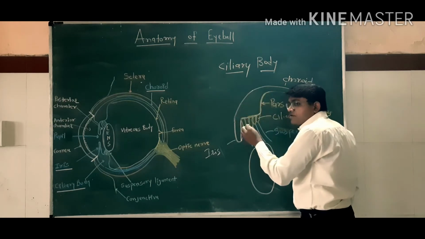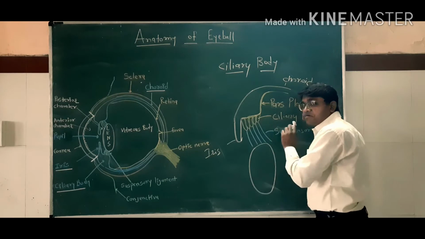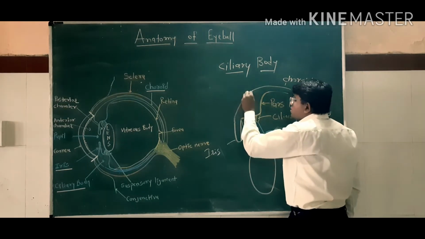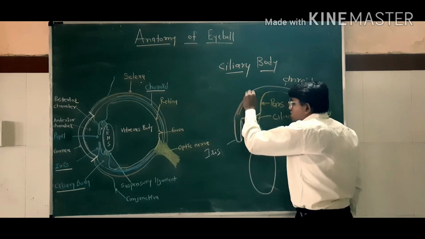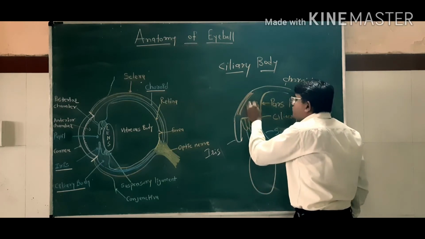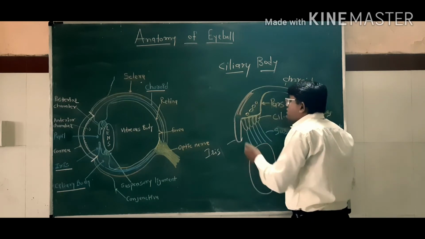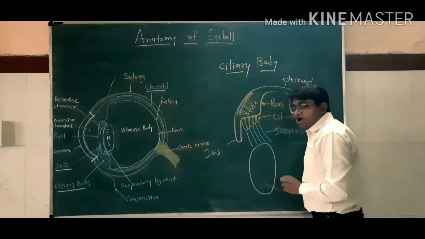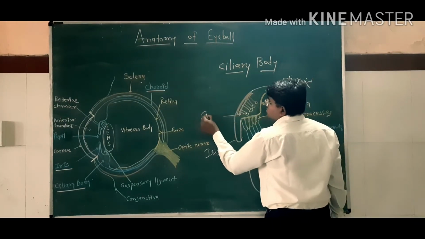Now the scleral surface has muscle fibers, and this muscle is known as the ciliary muscle. This ciliary muscle has three types of fibers. The most lateral fibers are longitudinal. The most medial fibers are circular, and in between there are radial fibers.